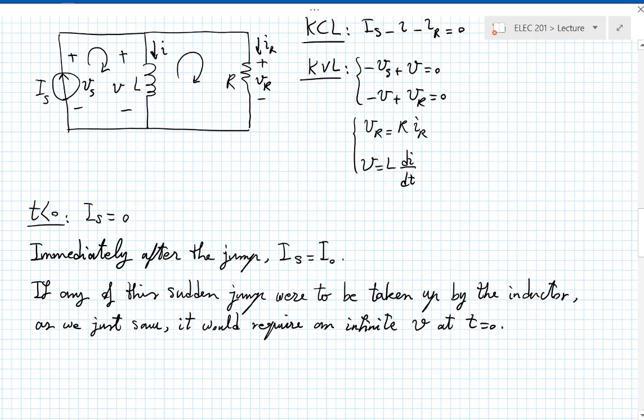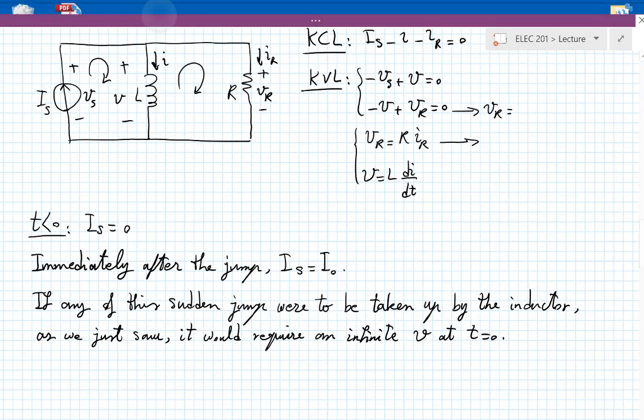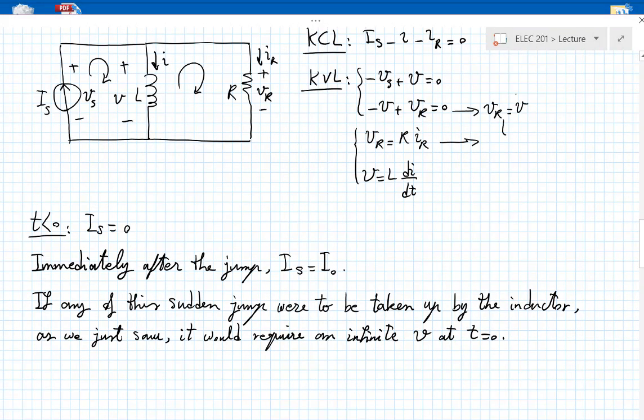But then, given that VR is the same as V, these would tell us that IR is simply V over R. If V is infinity, IR would also be infinity.